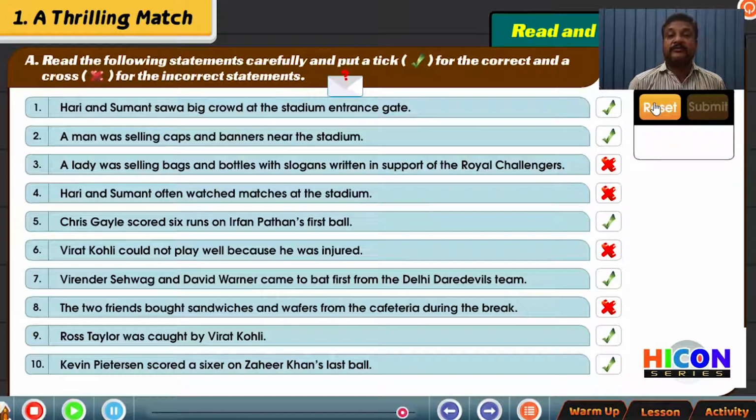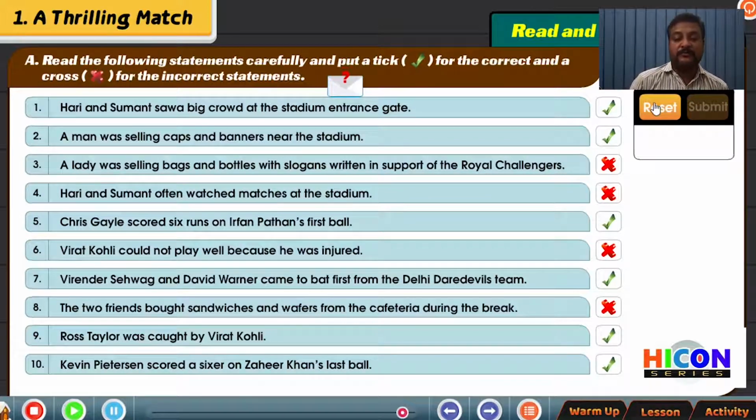Irfan Pathan was the bowler who bowled the first ball. It was a very good ball. He hit it hard. It flew up in the air. A fielder ran after the ball, but he couldn't catch it. It landed in the gallery among the people, isn't it? So that is a sixer. So the statement is right.